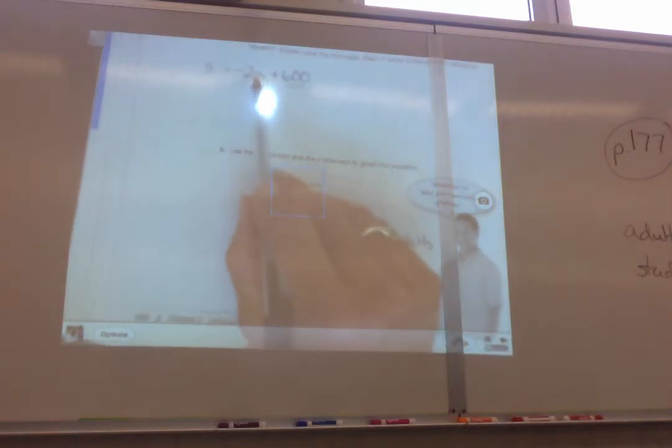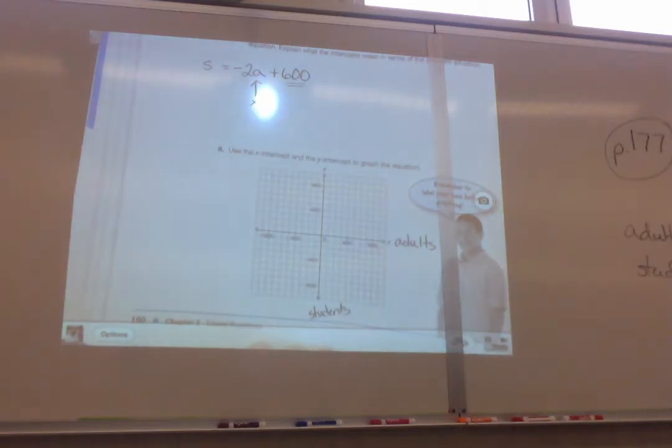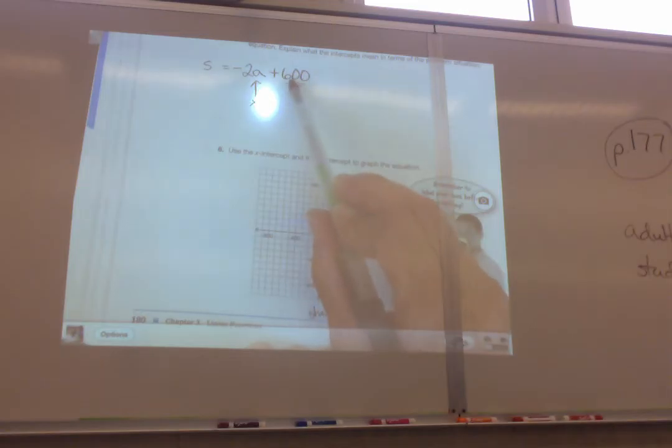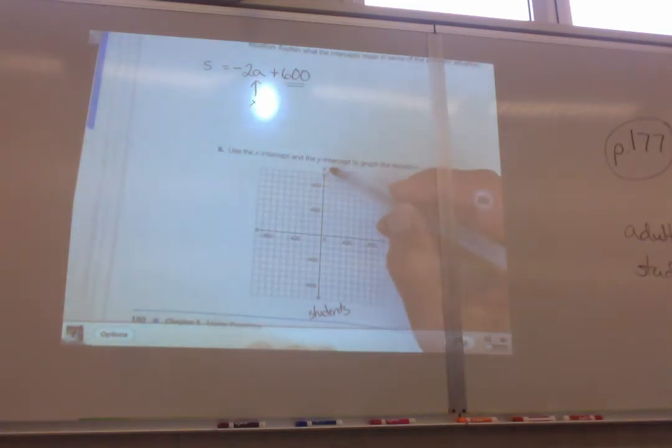Because of the position of the variable, you usually put the independent variable, the x-axis variable, right here. You usually put whatever's over here, students, as your y. So our y-intercept is 600. That's on the student axis. That's right here, 600.